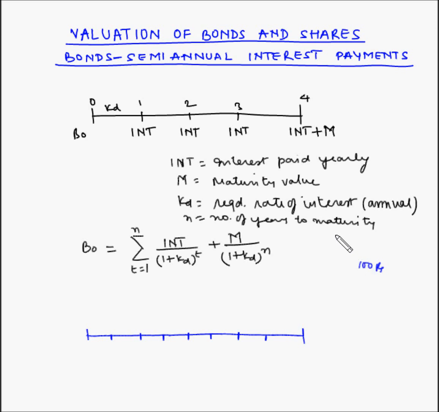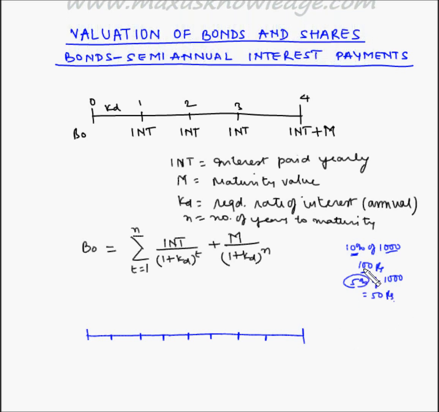For example's sake, let's say the interest is 10% of 1000 rupees. 1000 is the face value and 10% is the interest rate. So we get yearly interest of 100 rupees. Now, if this is 6 monthly interest, then we'll have the interest as 5% of 1000 for 6 months, so this becomes 50 rupees.